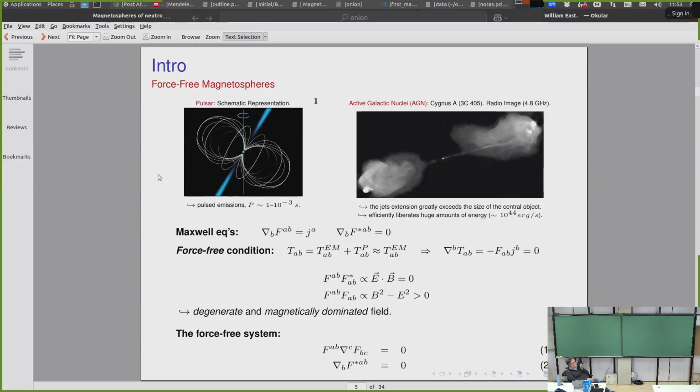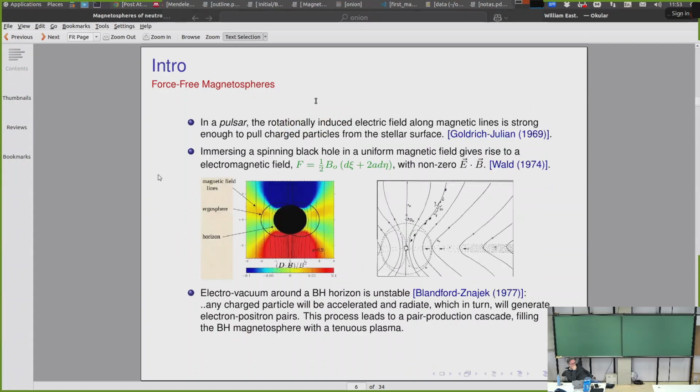The idea is that there are many relevant astrophysical scenarios, as the one I discussed in the motivation, like pulsar magnetospheres, or especially pulsar magnetosphere, which is very well studied and more or less well understood. But also in other relevant contexts like AGN, producing these huge jets, in which you can justify the validity of this approximation.